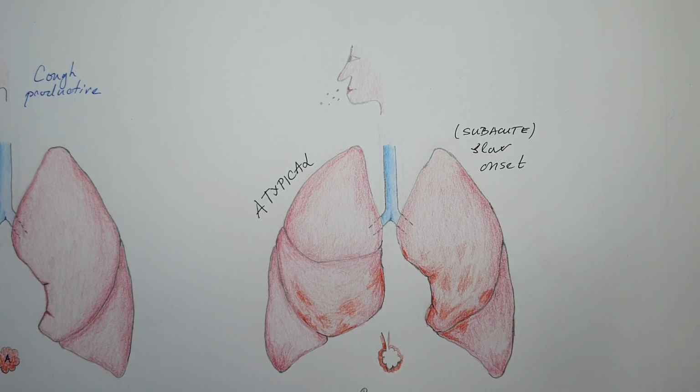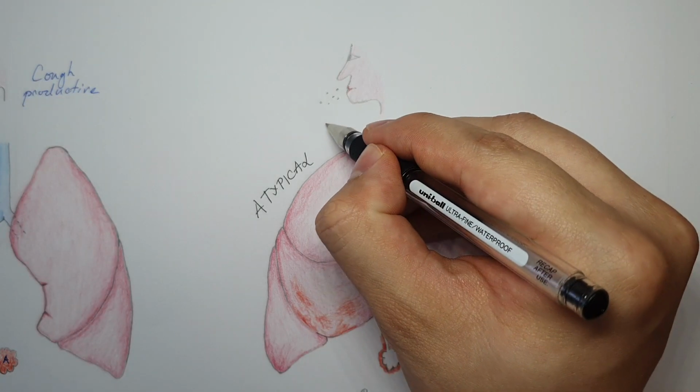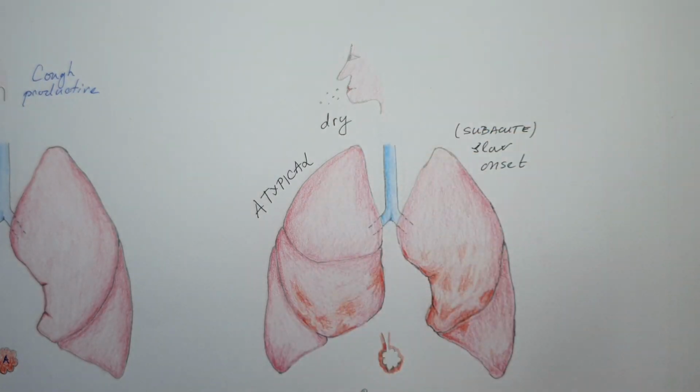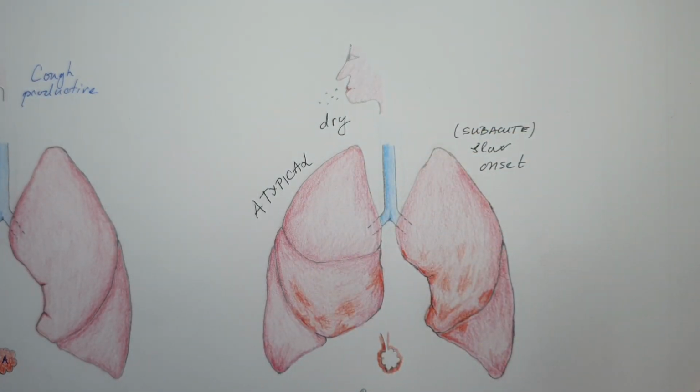And everything in these pneumonias is a little bit sub, I would say it like that. So these people don't have a high fever. They are subfebrile. Also, the cough is dry. So they have a dry cough and they rarely produce sputum.